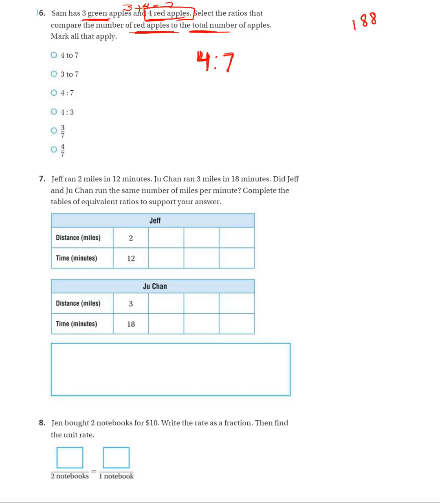So now I just look through here and see which ones show this. So 4 to 7, that's the same thing as 4:7, and then also as a fraction 4/7. So let's see, yeah, 4 to 7, that works.